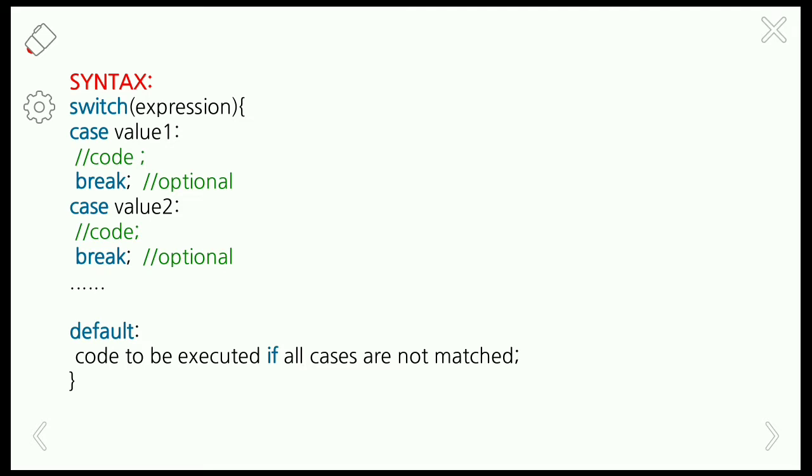Okay, so we are using the break statement to stop the execution at a particular case only. It will execute only the particular case based on the switch expression. It will not allow the control to execute the remaining cases in the switch statement. That is the main purpose of the break.